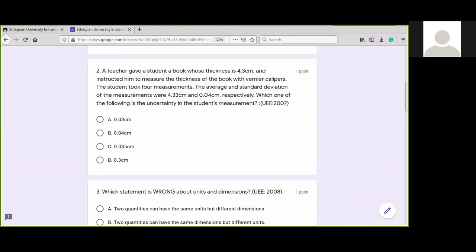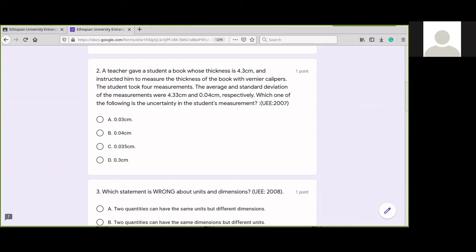Can we say that is uncertainty? Because when you measure something, for example, here the thickness, you have to put the measured value plus or minus the uncertainty, yes? Yes. Okay. So this 0.04 is the uncertainty, you said. Why not? Because the teacher gives 4.3 centimeter, and 4.33 is the student's measurement value.